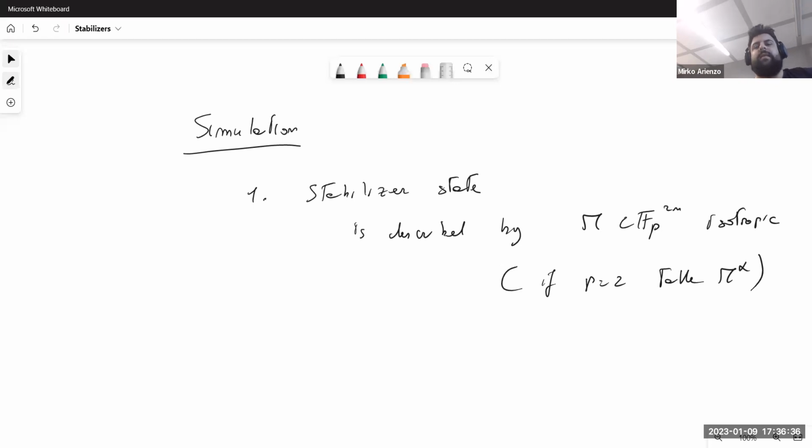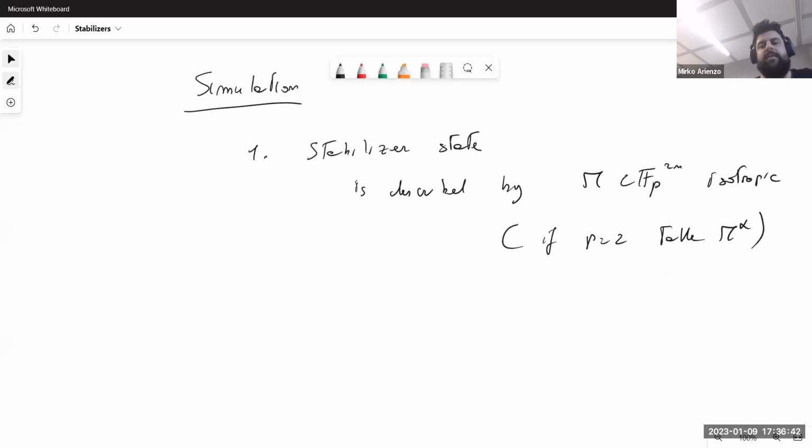But this description is easy because M is described by a basis. So you just take basis elements for this subspace, and you need basically n elements, sorry, n vectors in the phase space to describe your stabilizer state.